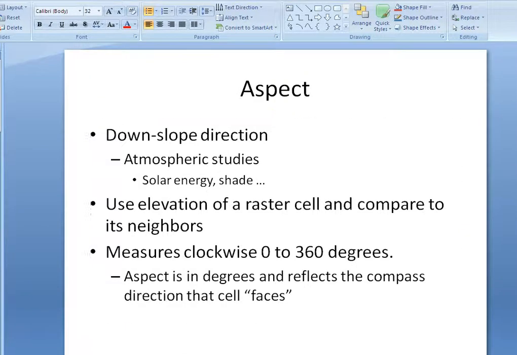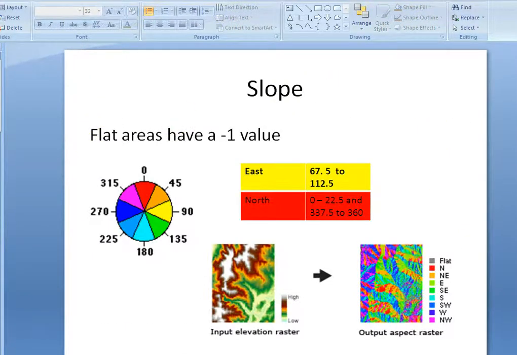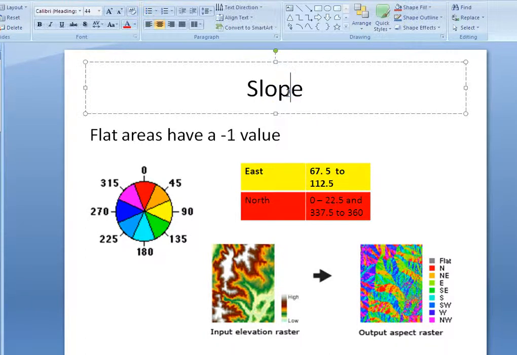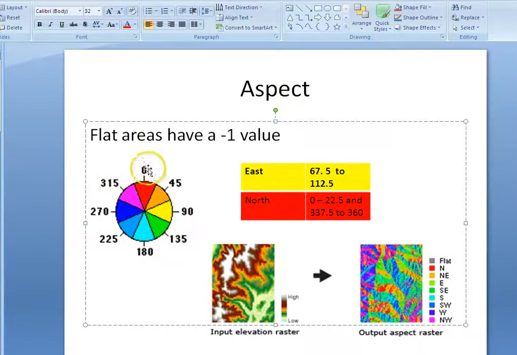And so when we look at aspect, flat values have, so I'm wondering if actually 360 is not on here because it would overlap with 0. So I don't know how they look at that. Anyway, that said, flat areas have, if there's no slope, a value of -1.